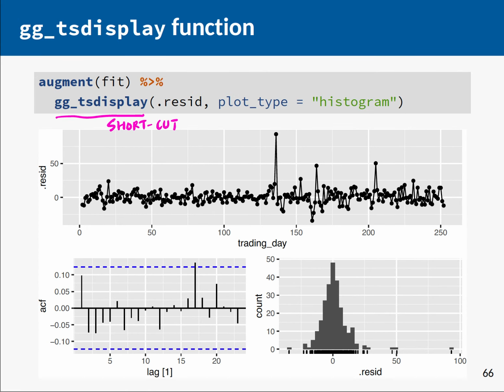If you wanted to do all of these nice graphics together in one command, you can take the augment fit, use the pipe, and use the command gg_tsdisplay on the residuals. You wrap this around the residuals, and you can say plot equals histogram. This is going to give you that histogram of your residuals.